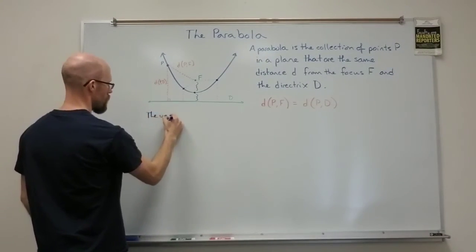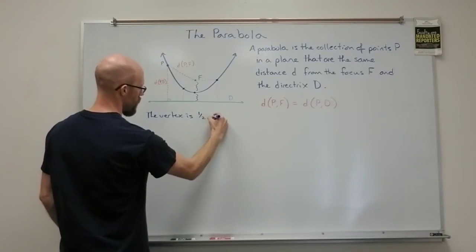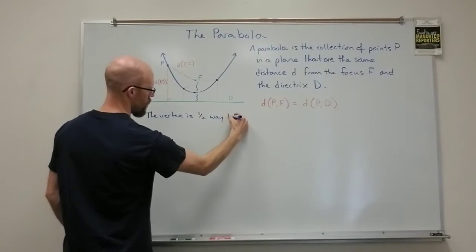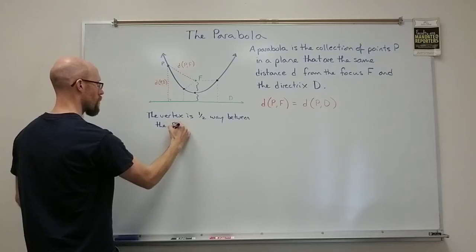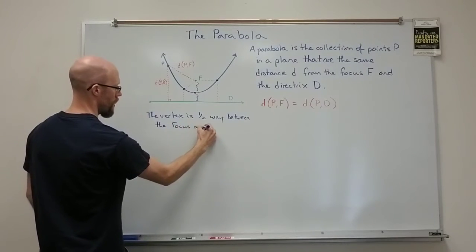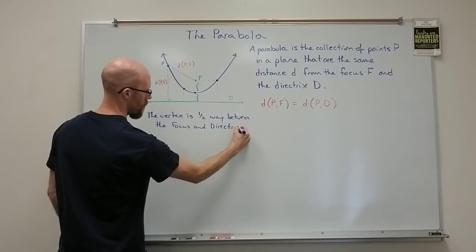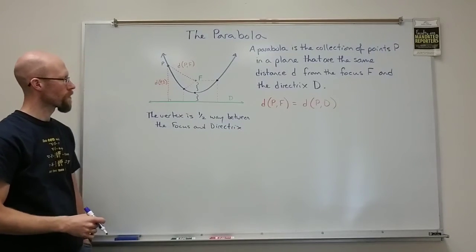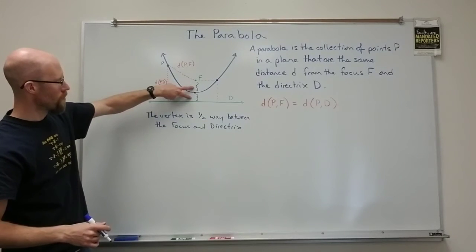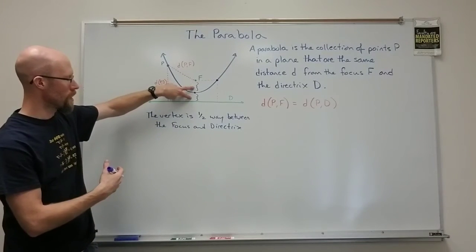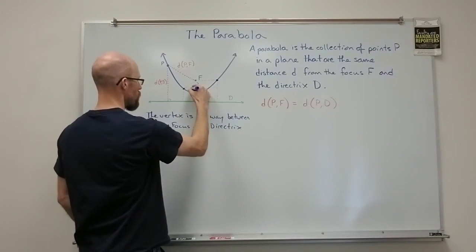So the vertex is halfway between the focus and directrix. So those two distances above and below the vertex are the same. The vertex, I'm going to label it with the letter V.